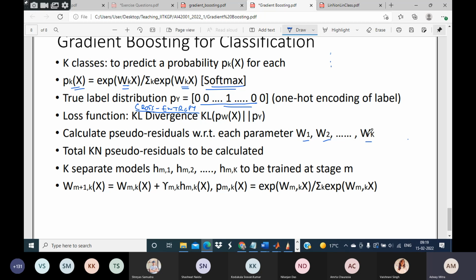And these are not simple parameters also. Note that we are taking a dot product between this and a feature vector.